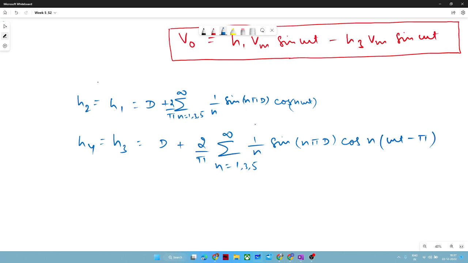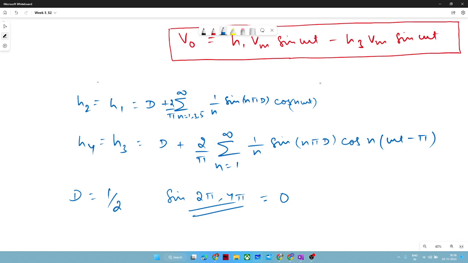So if you put generally d is equal to half, and if you take n even, it will be in the order of sine 2 pi, 4 pi, 6 pi, and sine of 2 pi, 4 pi is 0. So those terms will be 0. Just to clarify that, I am writing only odd terms. Otherwise, you could have simply written it in this manner. That would also be fine.